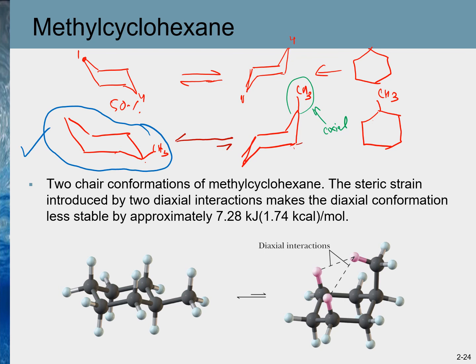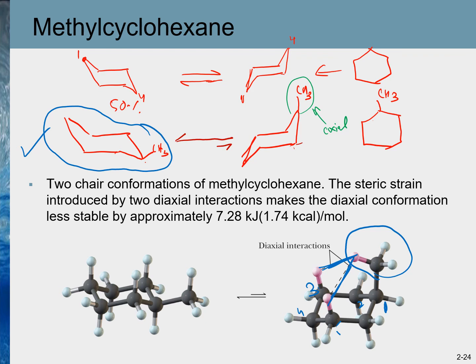Why is it preferred? Because if a bulky group is at axial position, that axial position has steric interactions with the hydrogen atoms at number 3 and 5. So for example, this is number 1 carbon, that's number 2, this is number 3, this is 4 and 5.